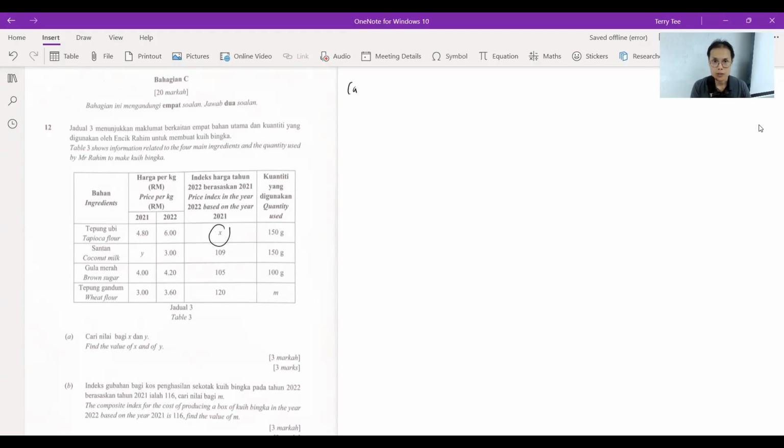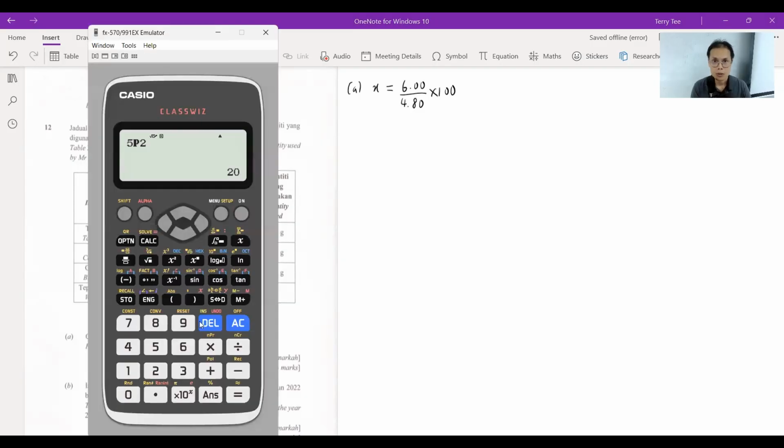So we should just write X equals price in the year 2022, divide by price in year 2021, multiply by 100. Very simple. Price index, we just use 6 ringgit, divide by 480, times 100.